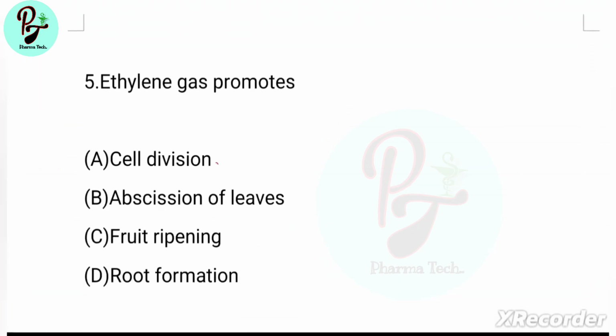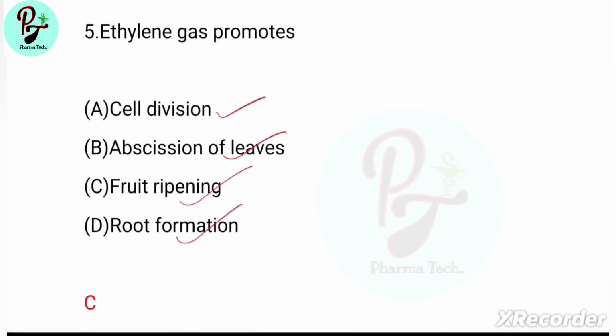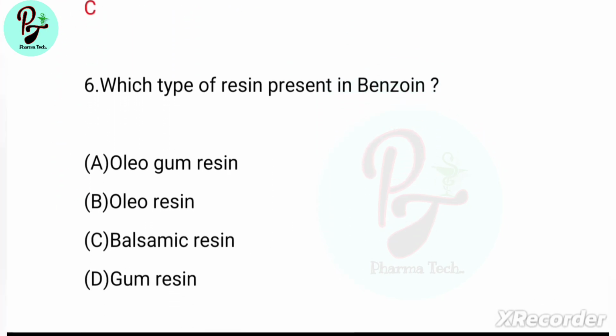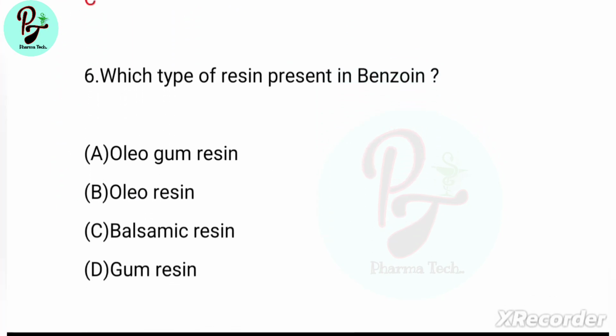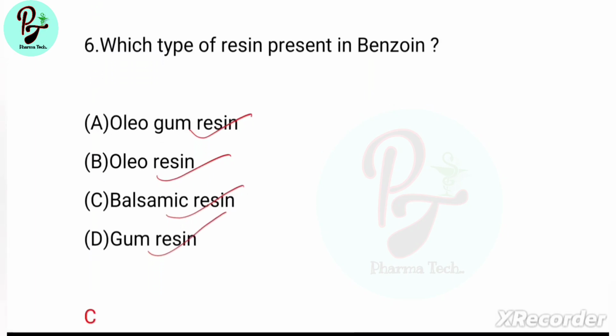Options are cell division, abscission of leaves, fruit ripening, root formation. Answer is C, fruit ripening. Next question, question number 6: which type of resin is present in benzoin? Options are oleogum resin, oleoresin, balsamic resin, gum resin. Answer is C, balsamic resin.